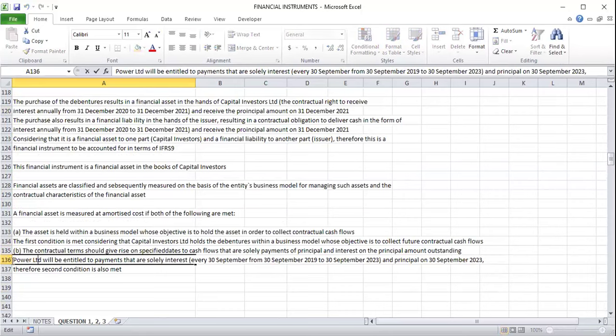So here, Capital Investors Limited will be entitled to payments that are solely interest every 31 December, from 31 December 2020 to 31 December 2021.